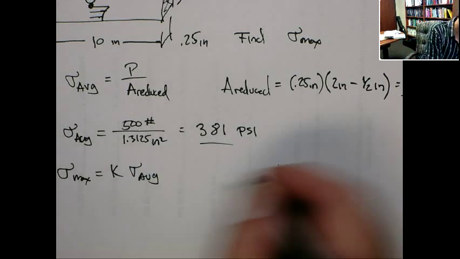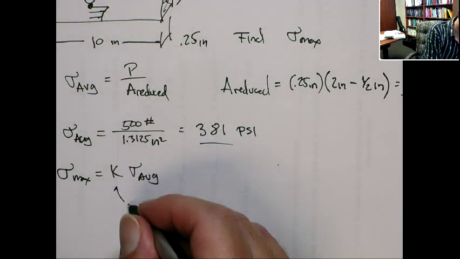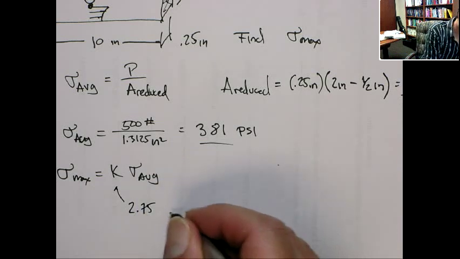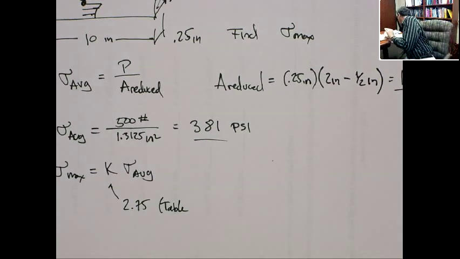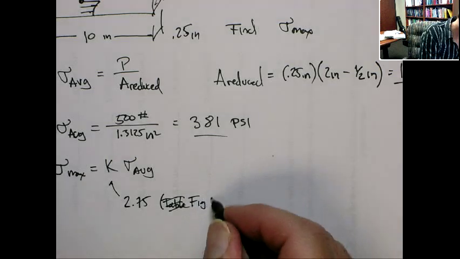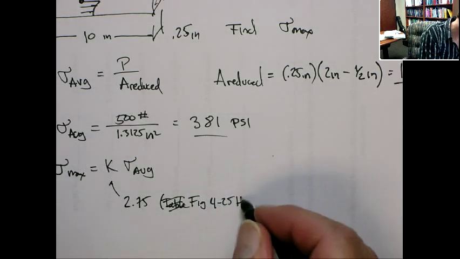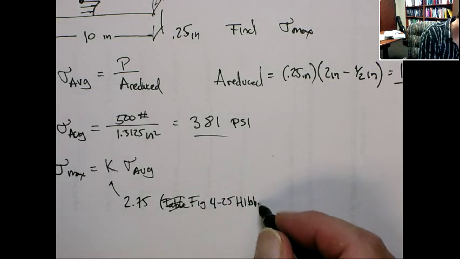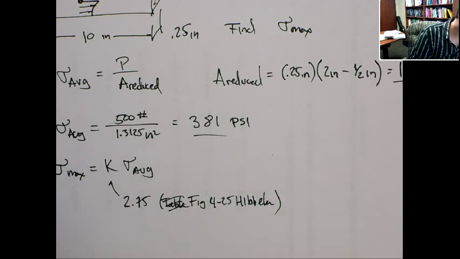So K is 2.75, and that's from the table, figure 425 in Hibbeler. Okay.